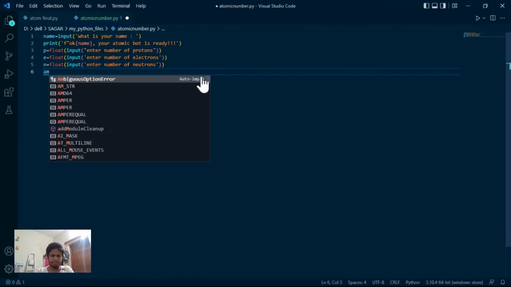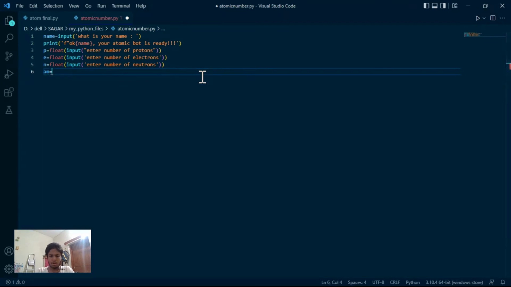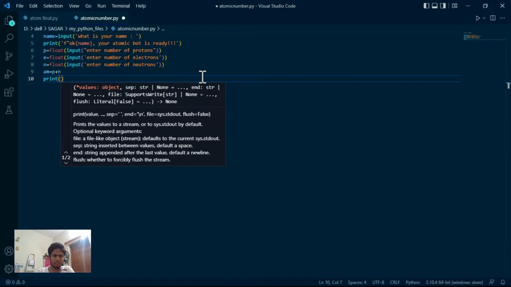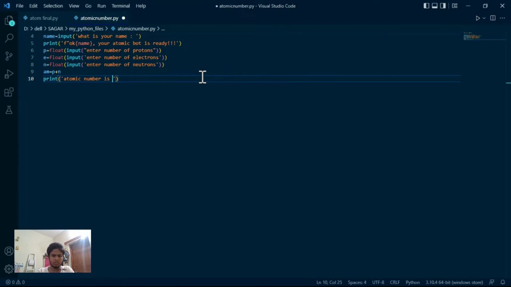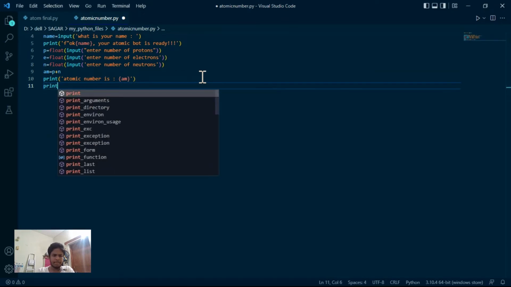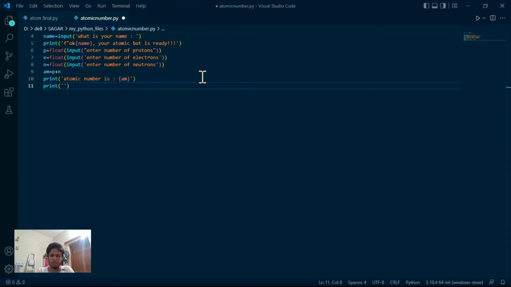So here, atomic mass is equal to proton plus neutron, the formula. So print atomic number is, and print atomic mass.